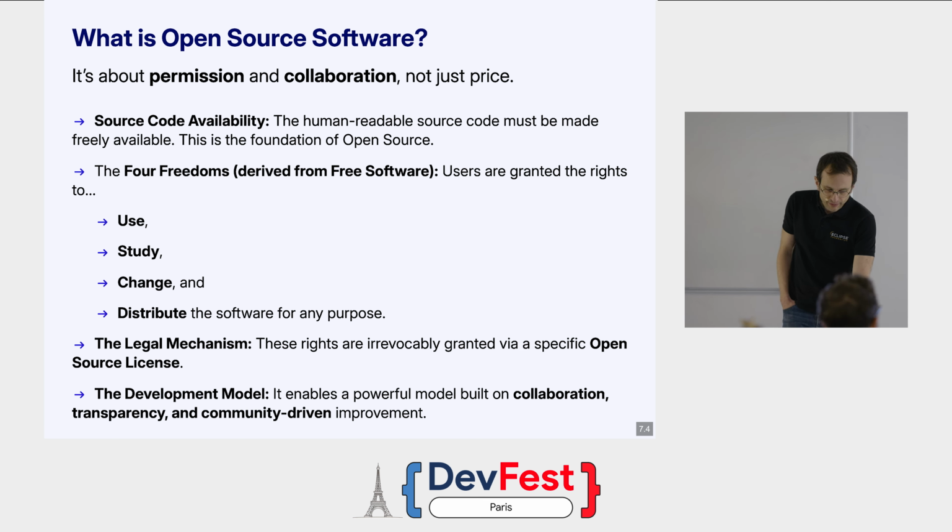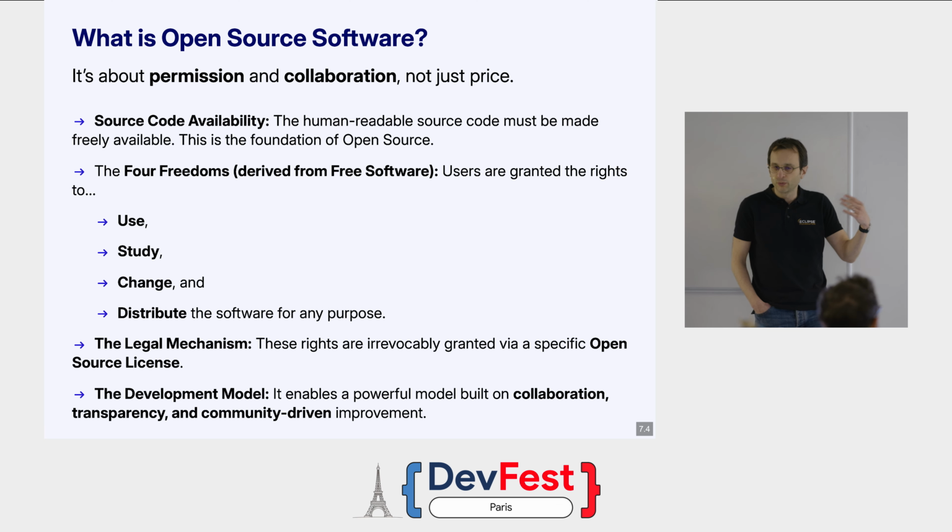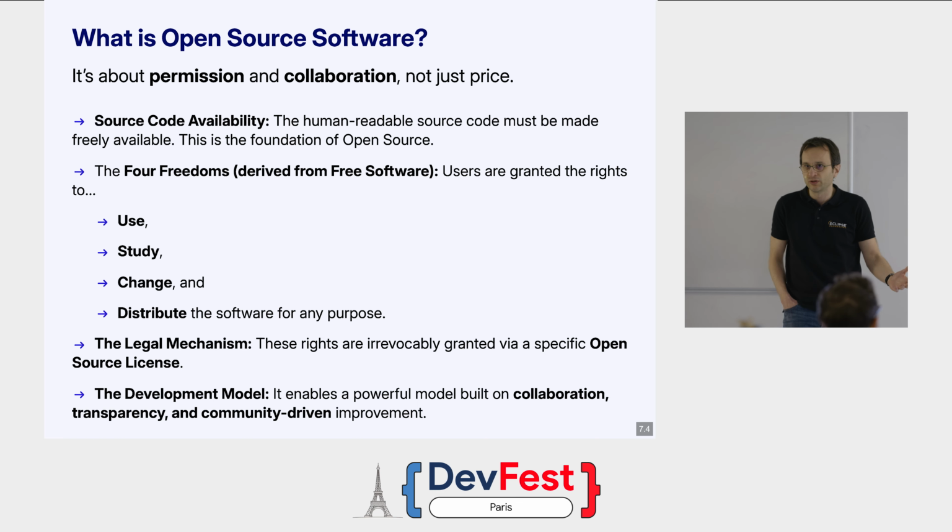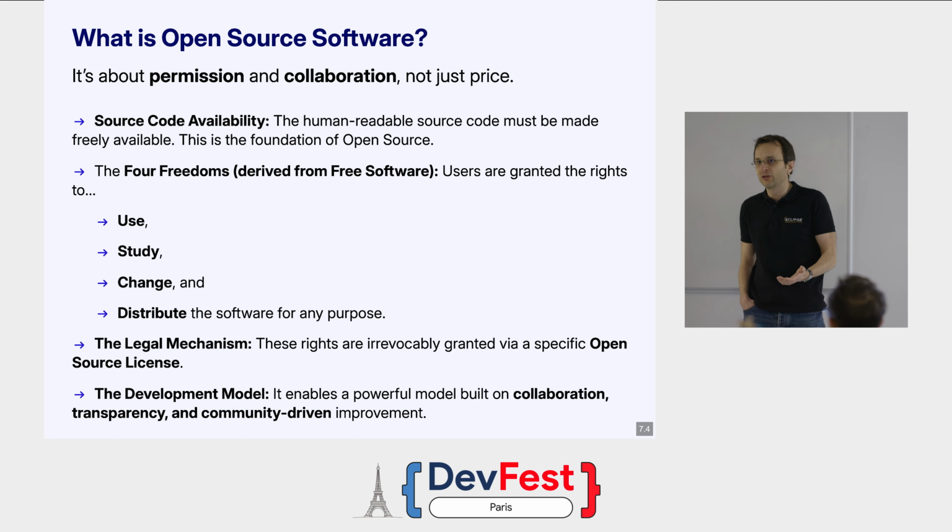So when you combine everything, you create a powerful mechanism for collaboration, transparency, and massive parallel collaboration. When you look at the Linux kernel, the Firefox browser, or any big open source project like Kubernetes, they are let's say the only projects that work 24 hours a day, 7 days a week, on all time zones.